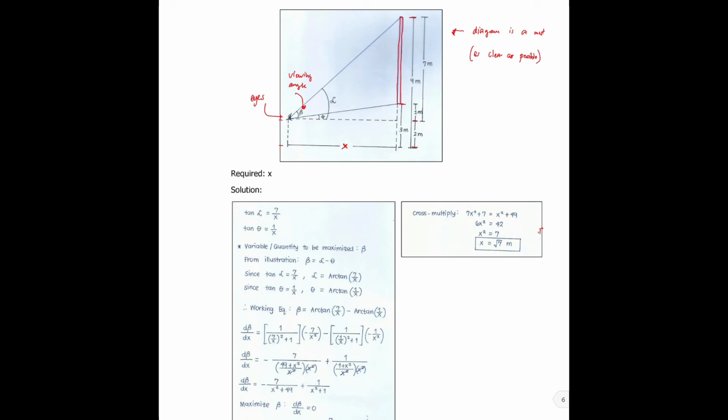So we have tan theta and tan alpha. From these two equations, we can now solve for the equation of beta. The vertical distances are given in the problem, so the horizontal distance, which is x, is the only variable left, and of course our beta. The angles are arbitrary.